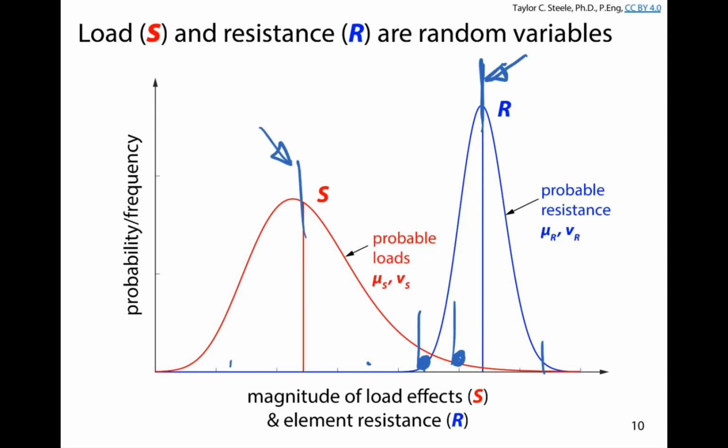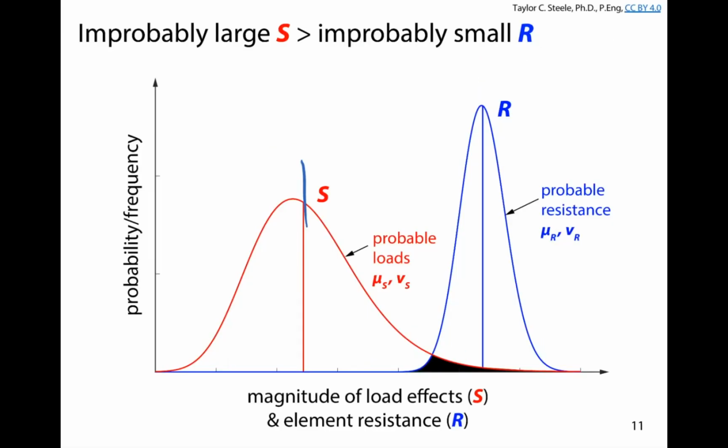Every time we underestimate the load on the brace, and at the same time overestimate the strength of the brace, and those two things happen at the same time, we're going to get failure in our structure. So this area here, where these two curves overlap, represents the probability of failure. Where these two probability distribution functions overlap, that represents the probability that we're going to have failure in our structure.